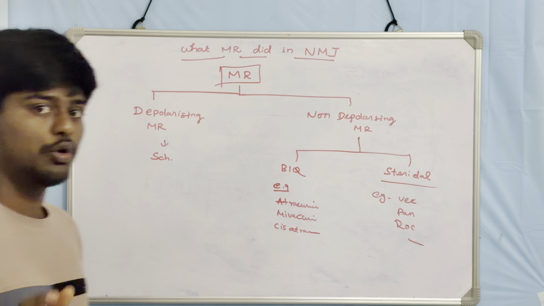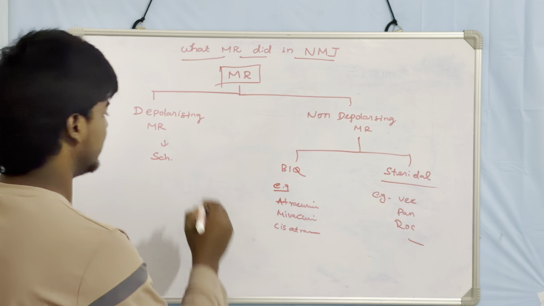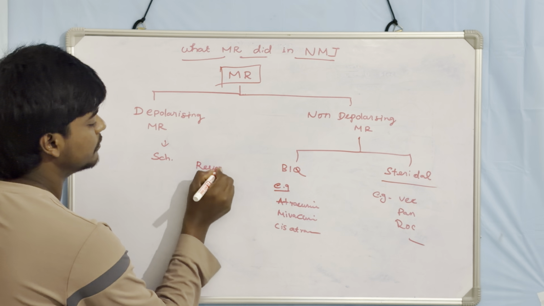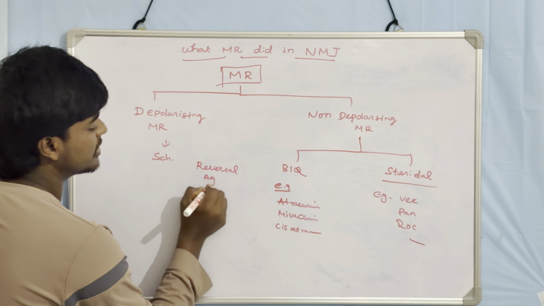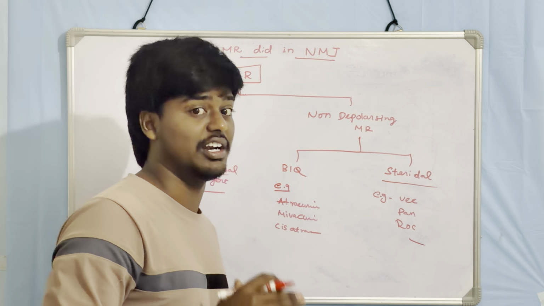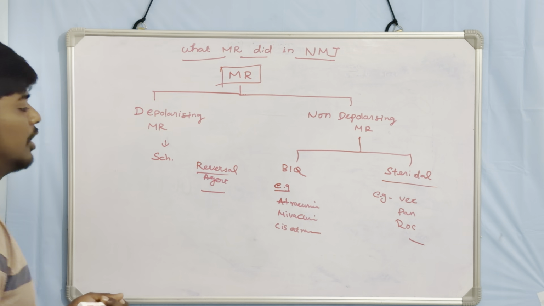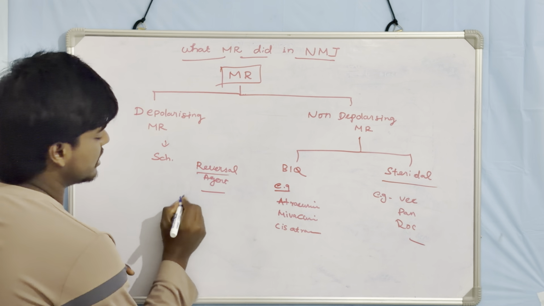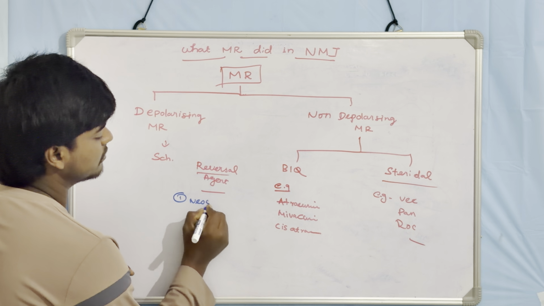We should also know about the reversal agents. A reversal agent reverses the muscle relaxation. The commonly used reversal agent is neostigmine.